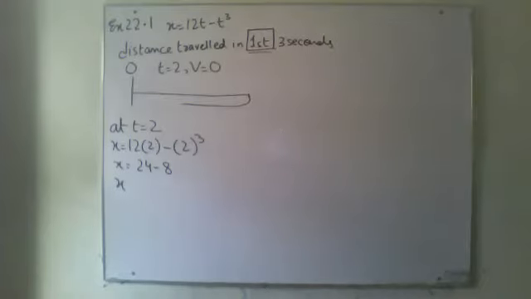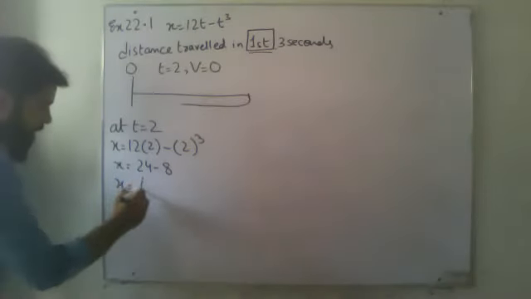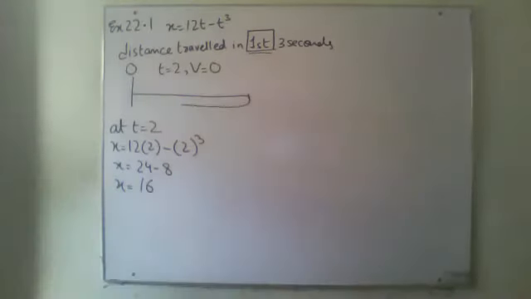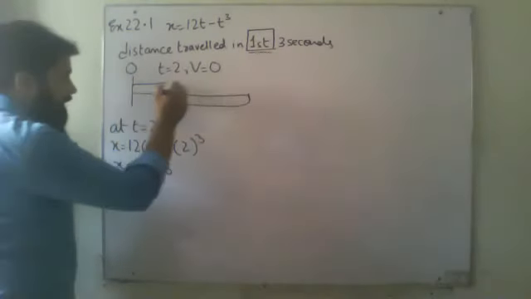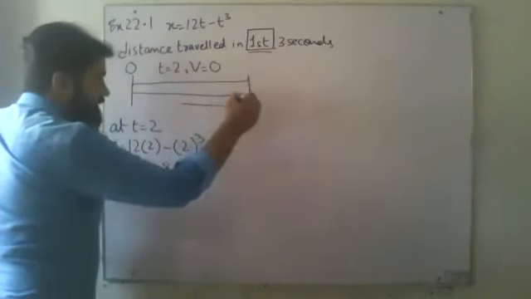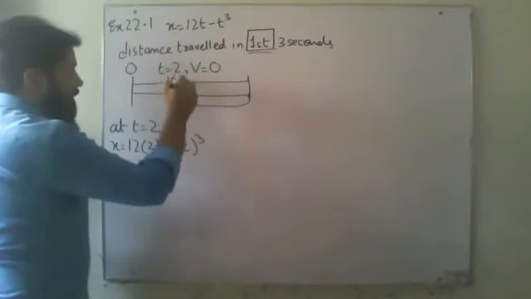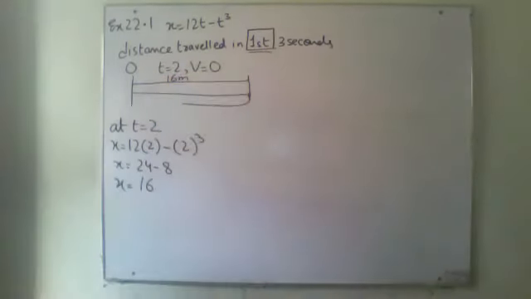Okay, anyone having any problem? After this, when I will simplify it, the result will be coming 16. So what is this distance? Starting from this point till this ending, the distance is coming 16 meters. Okay, that is the first thing I've done.